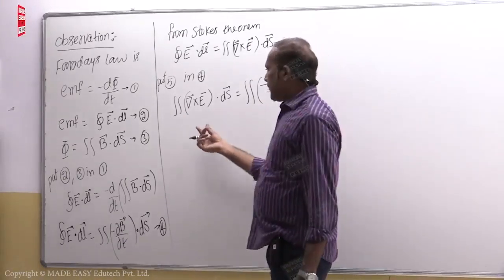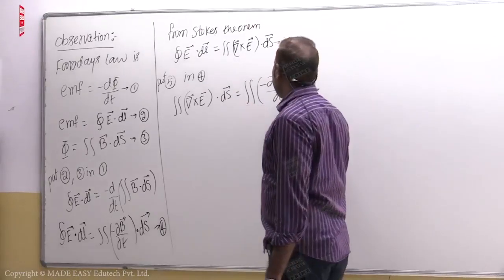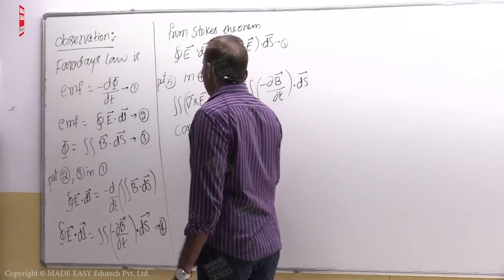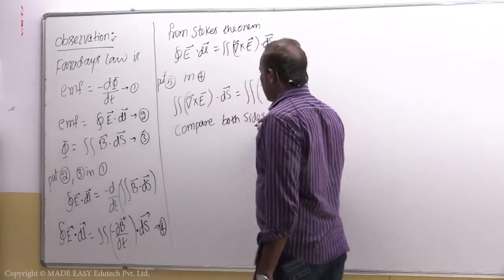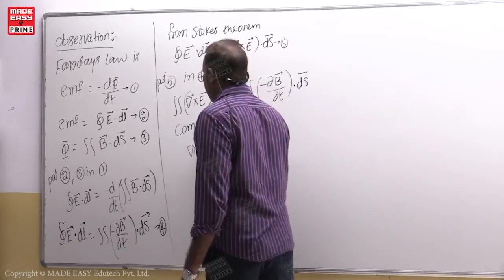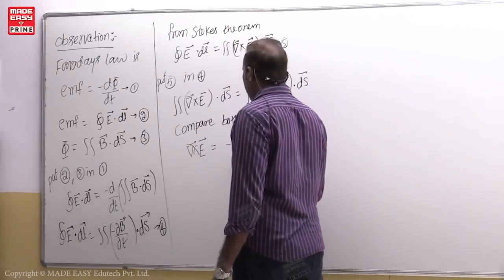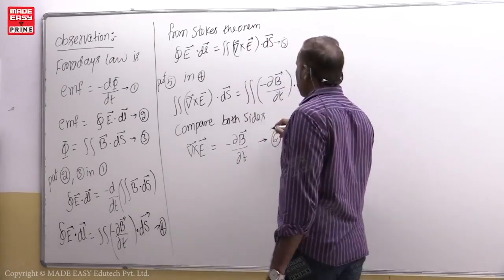So here double integral dS is there on both sides. You compare both sides. Then we get del cross E bar is equal to minus dou B by dou t. So this is equation number 6.